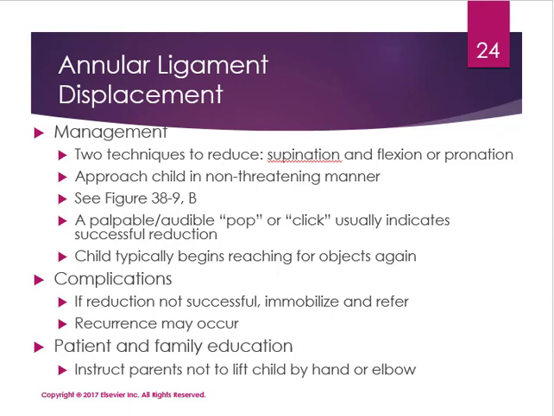I won't go into the details of this specifically, but you can read more about that in the book. With this reduction, if you hear a palpable or audible pop or click, it usually indicates a successful reduction. But if there is epitrochlear tenderness, then reduction should not be attempted, as this may indicate a more serious injury.